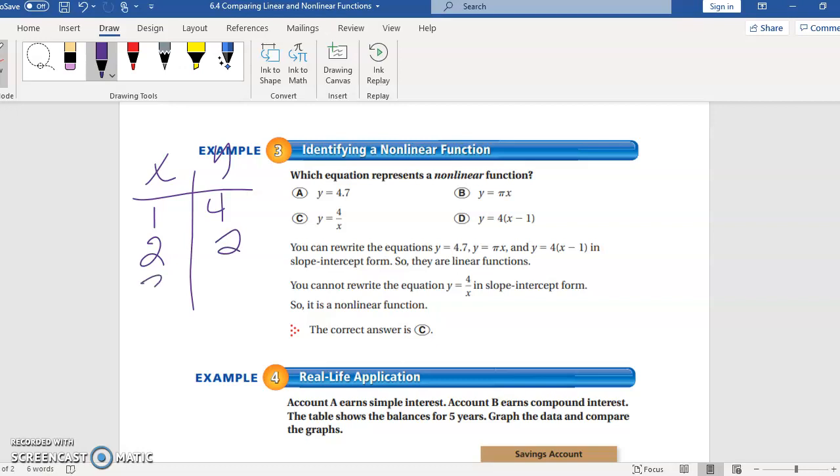If my x is 3, my y is 4/3, or 1 1/3. So you can see that as x goes up by 1, y goes down by 2, and then it doesn't go down by 2. So that would be nonlinear. And then we could just rewrite this as y equals 4x minus 4, and that is in y equals mx plus b form. So that is why C would be your correct answer.